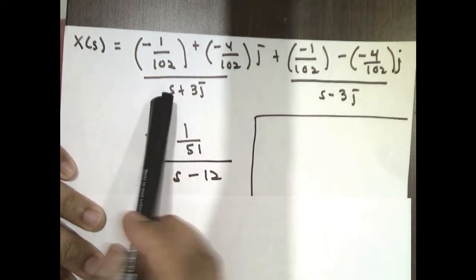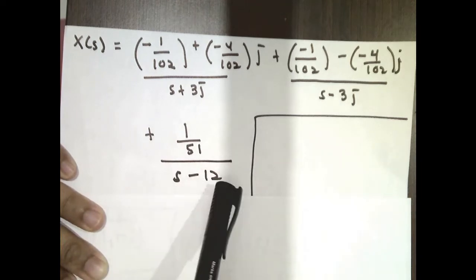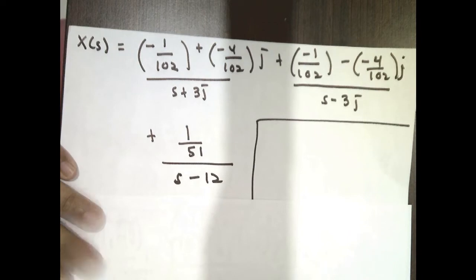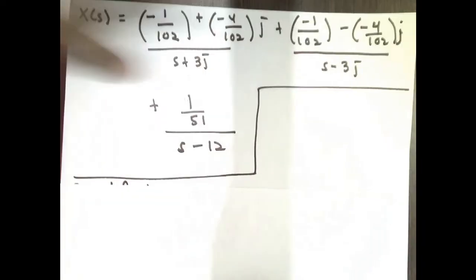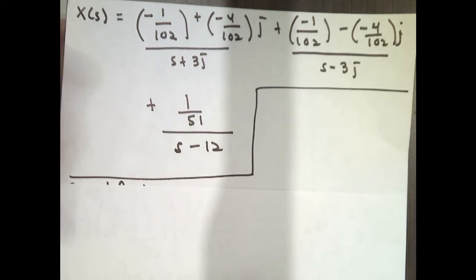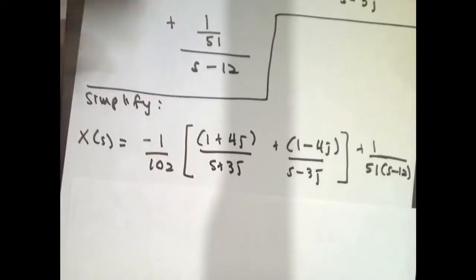The denominators are s plus 3j, s minus 3j, and s minus 12, and alpha 3 is equal to 1 over 51. So what to do next is we must change this Laplace transform into inverse Laplace, and convert it again to the t domain. But before that, we need to see the pattern.